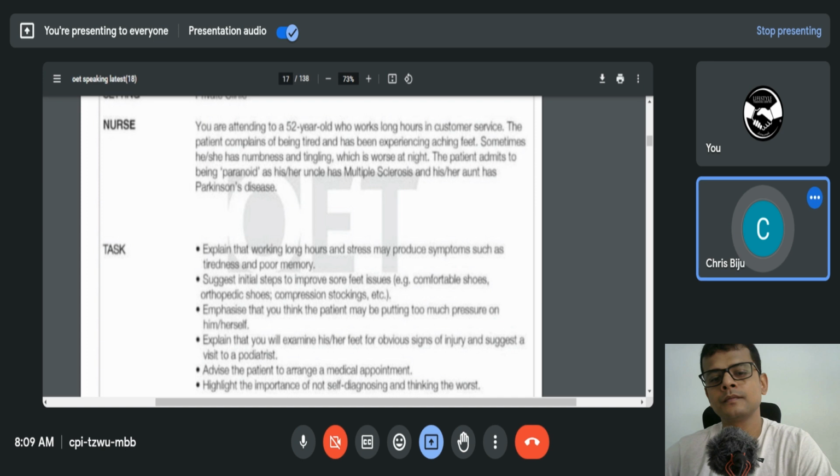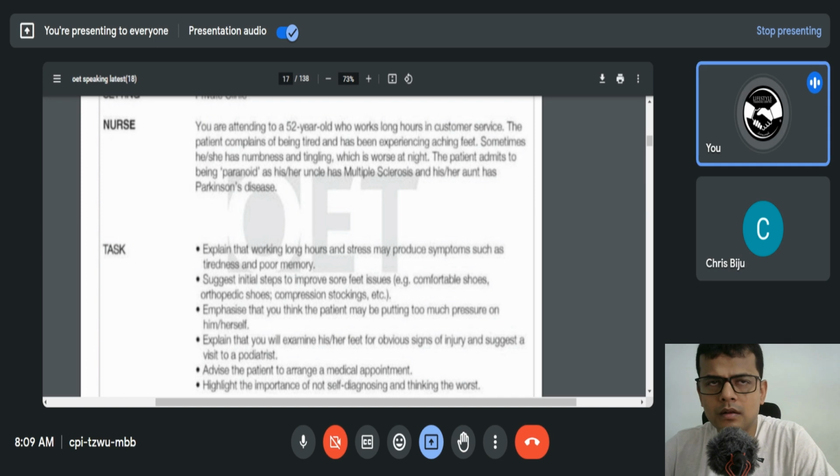Actually, the real reason why I'm here is that I'm feeling extremely paranoid about the whole thing. I'm afraid I have some neurological disease, especially because of my family history.